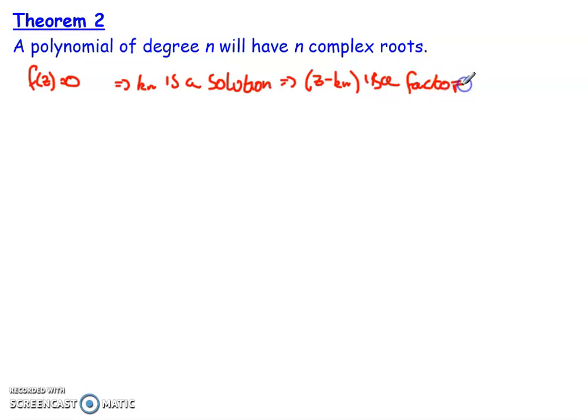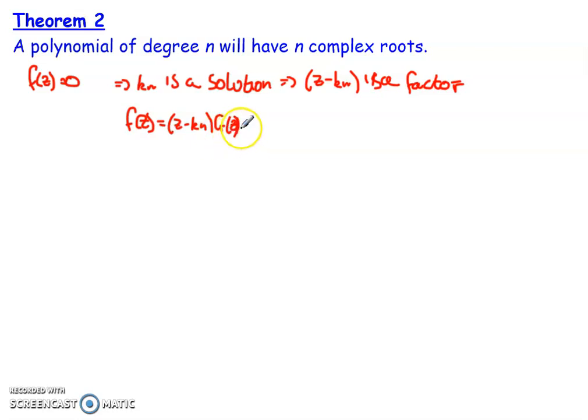So if z minus k_n is a factor, that means I can write f of z in the format of z minus k_n times some other polynomial, let's call it g of z, where g of z is one power less than f of z. So if f of z's highest power was a cube, g of z's highest power would be a squared.